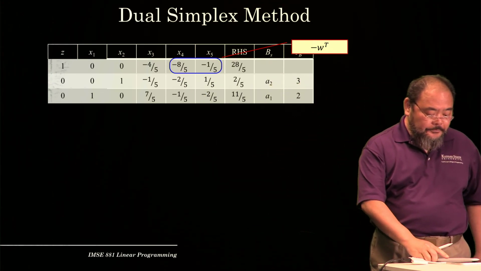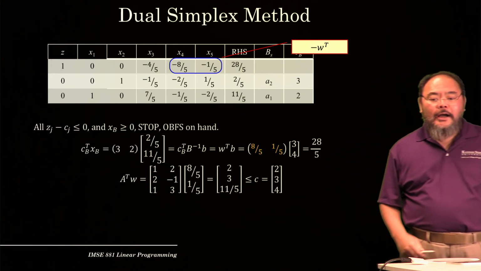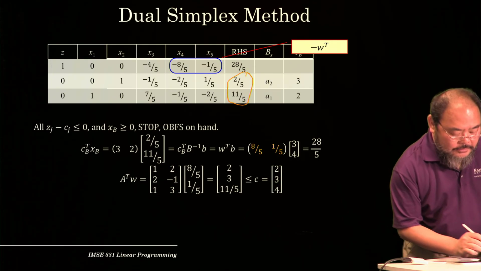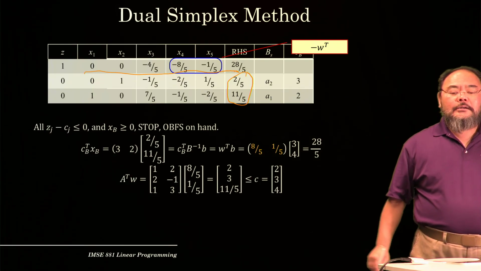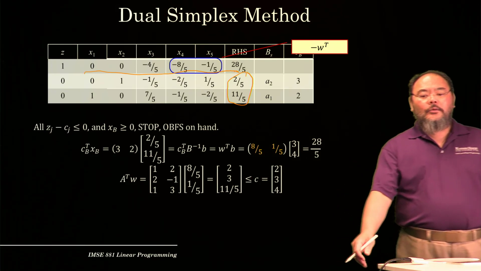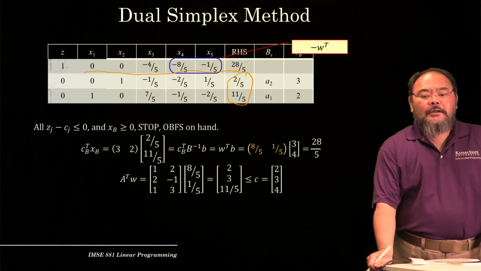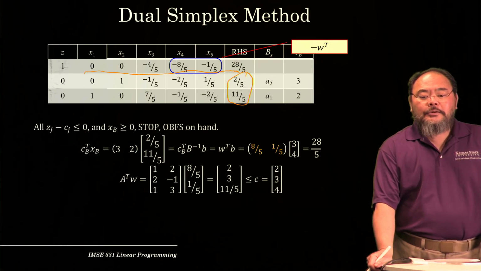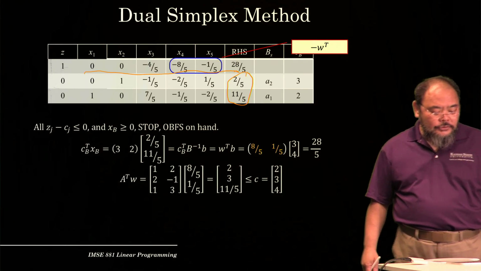Then we can check that all the right hand sides are positive right now, and all of row 0 is less than or equal to 0. So we have primal feasibility and dual feasibility, and we have the optimal solution. And this is how the dual simplex method works.